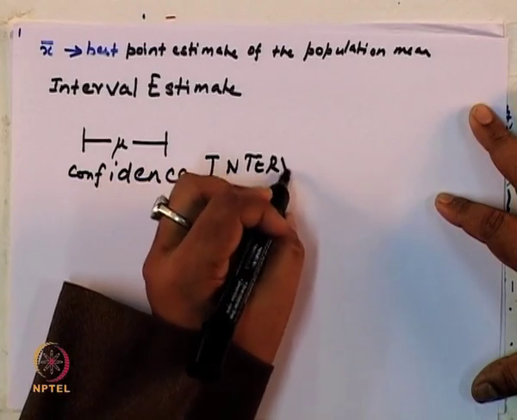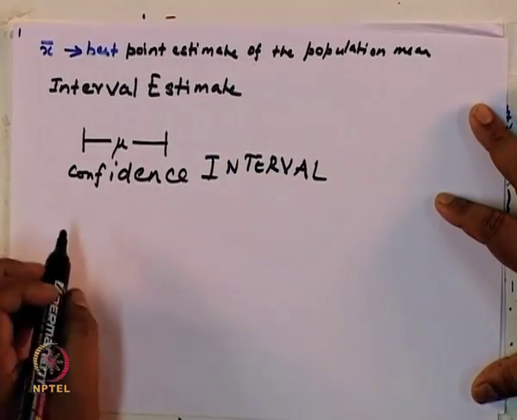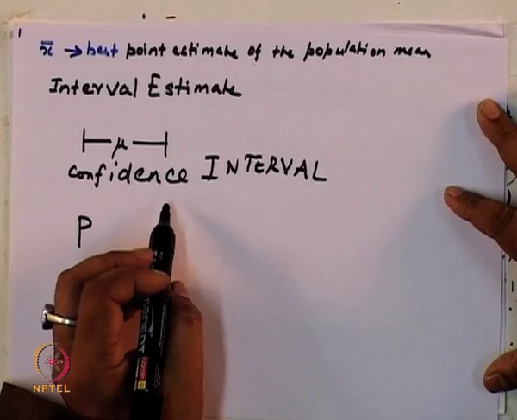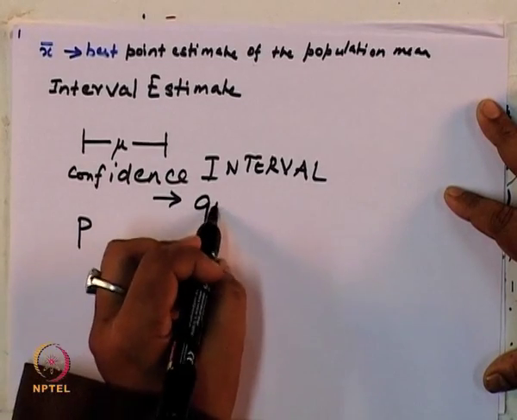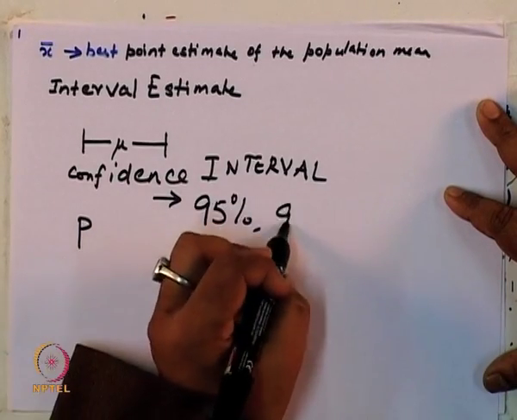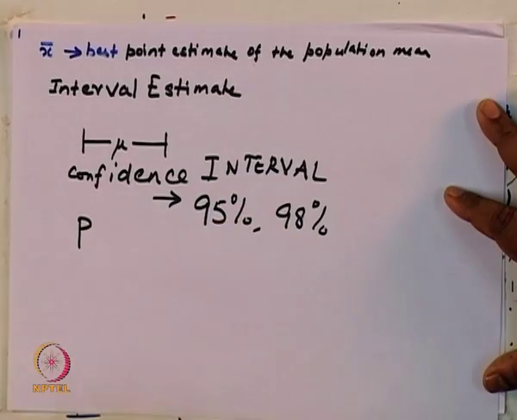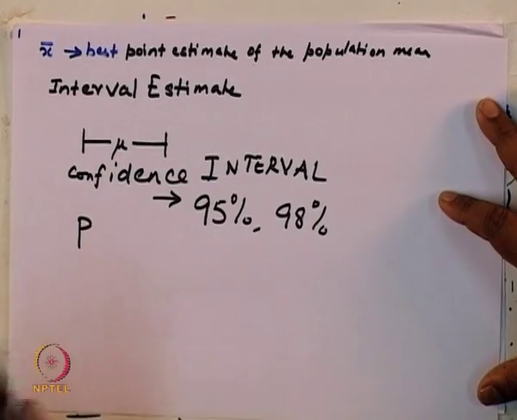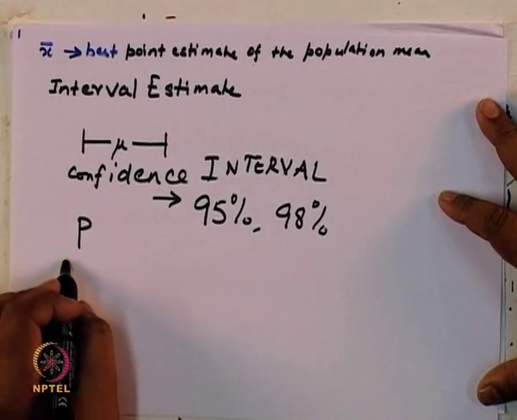To do this, we can prescribe the confidence level, let us say 95% or 98% or any percentage for that matter. And how do we find out the confidence interval? Let us say you want the confidence interval for 95%.